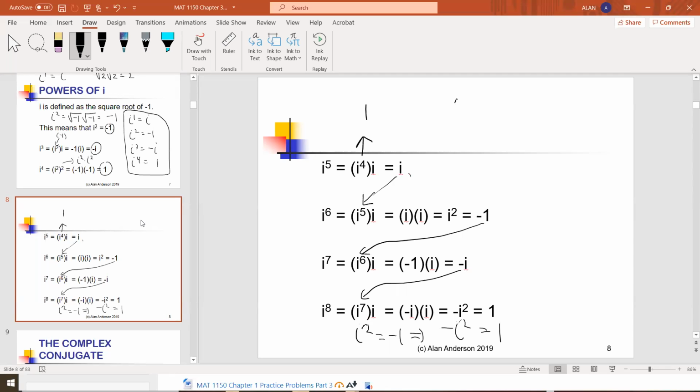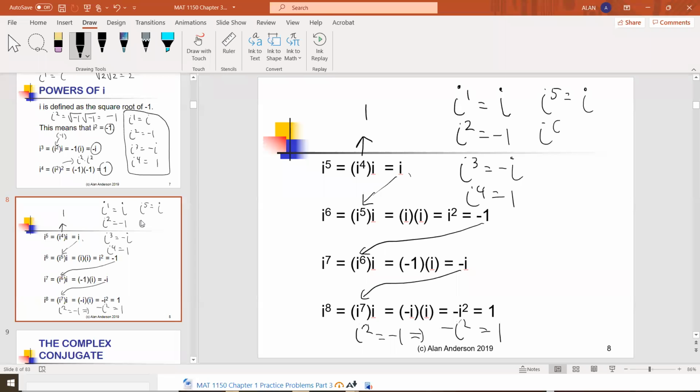So what this means then, let me just quickly run through this again. If you notice, it's like they go through a cycle.